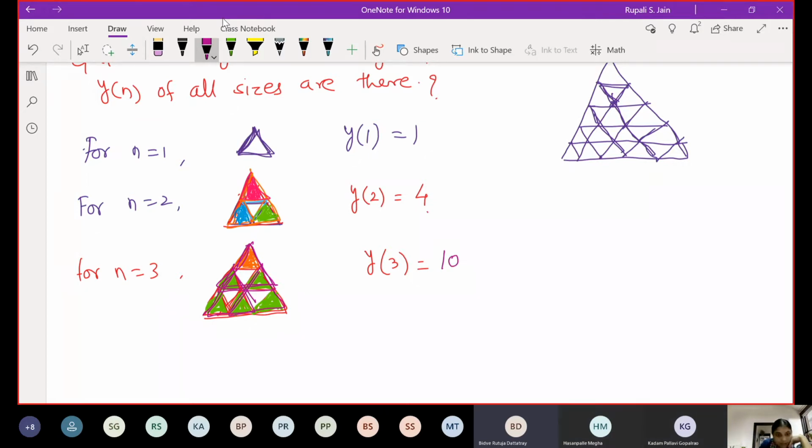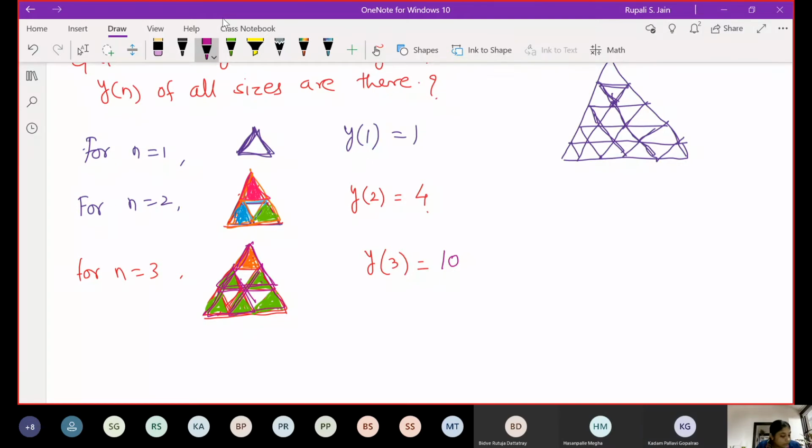Single pieces, they are 6. Then with double pieces like this, 1, 2, 3. If I take this one and then this, so this is 3. So total 9, and our original one, it is 10. Are you getting it? Total upward pointing triangles.